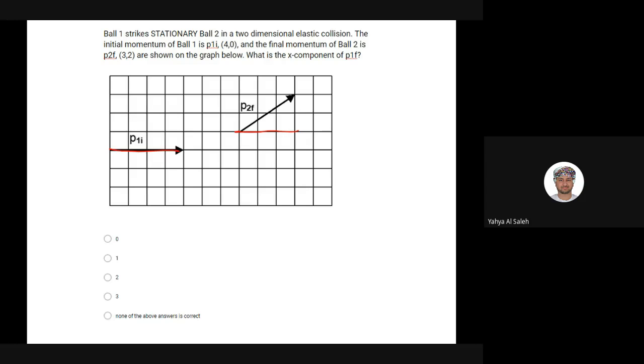I did not ask for the magnitude. Excellent. Most of you got it right. P2f has a +2 y component, which means this will need to have -2, and this will be its direction.